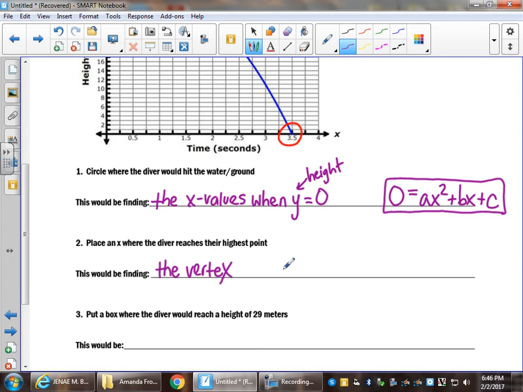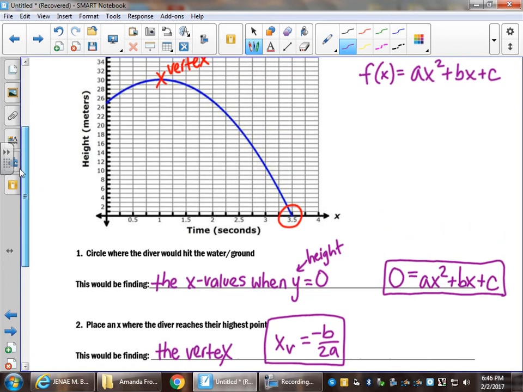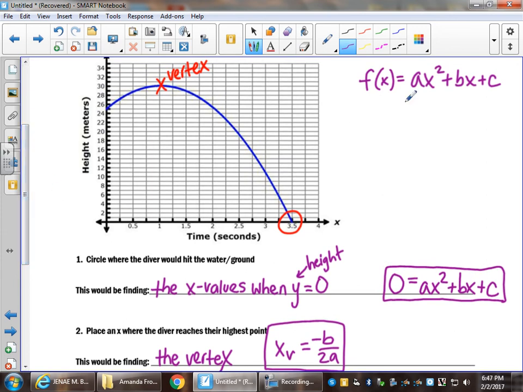We find the vertex using a neat little formula. It looks like this: xv equals negative b divided by 2a. That a and b come right from the equation that you have.